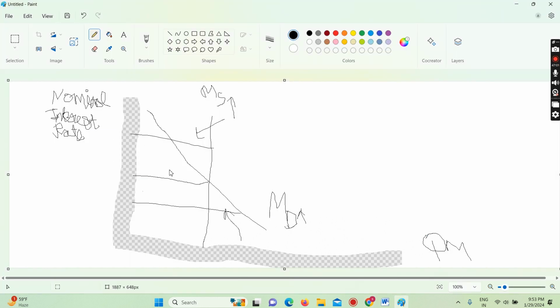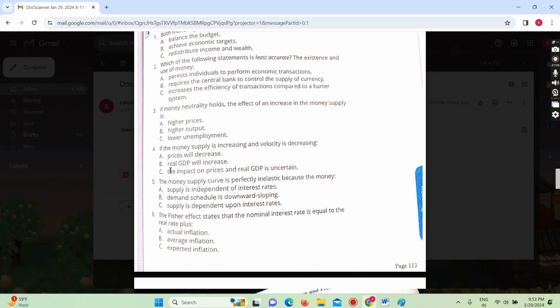The Fisher effect states that the nominal interest rate is equal to the real rate plus the expected inflation.